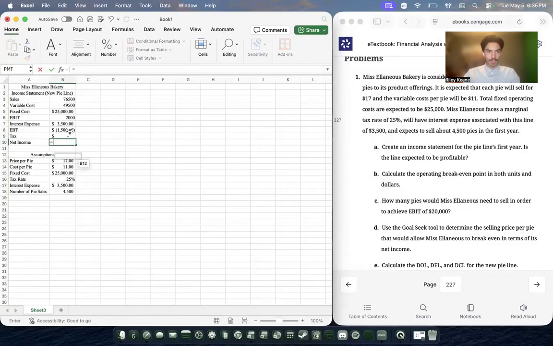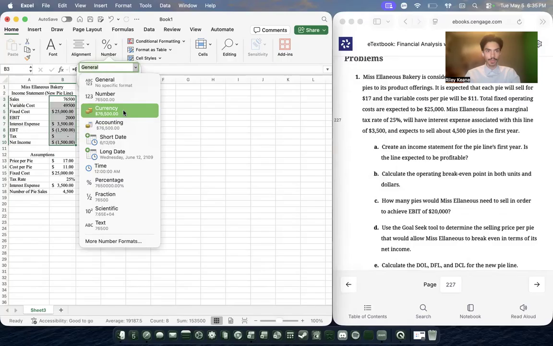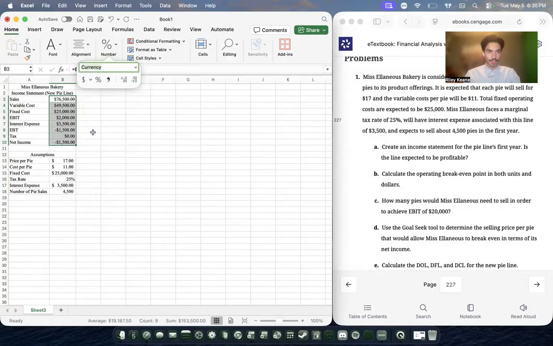I'm going to put that in as a 0, and then we get to our net income of negative $1,500. So based on this, we can tell that the line is not going to be profitable in the first year.